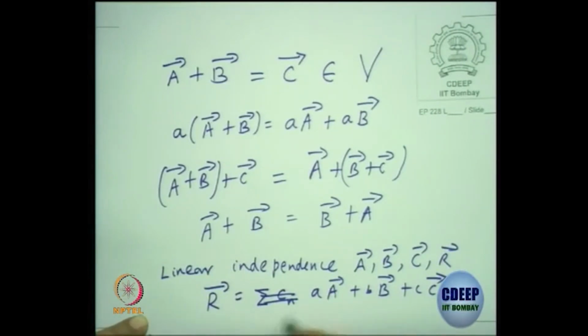If a, b and c are non-zero, then this vector is dependent on the other vectors.